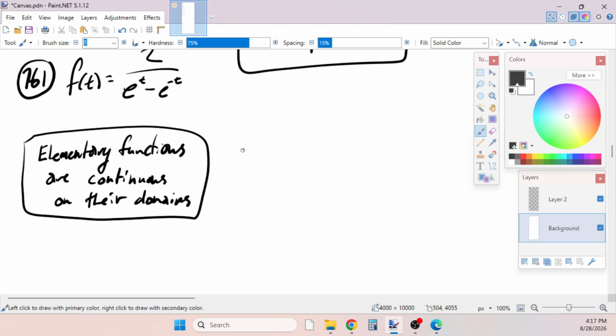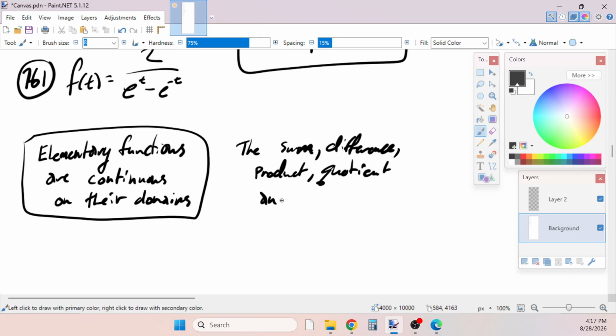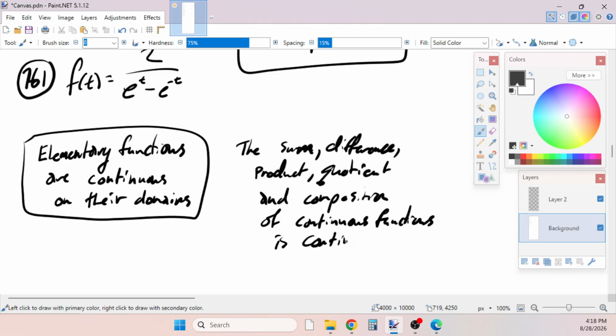I'll give you another theorem, and that is that the sum, difference, product, quotient, and composition of continuous functions is continuous where defined.